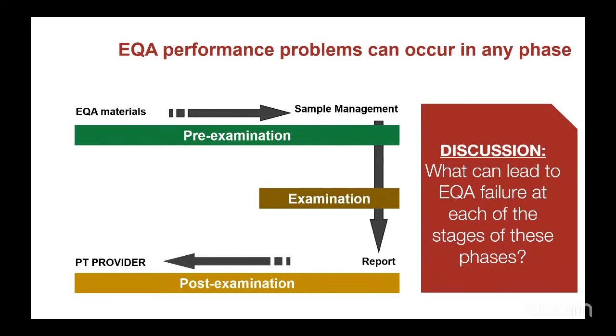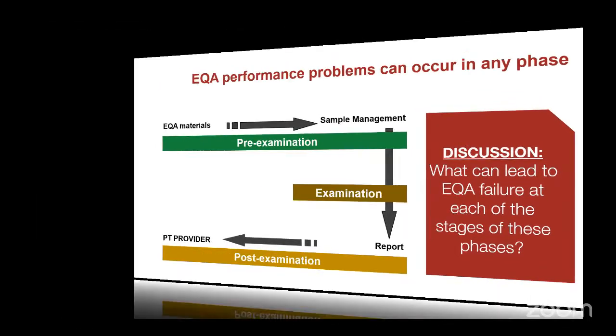If there's a failure in your IQC in the examination phase, say your QC did not pass that day, definitely your EQA program will have issues. Sometimes even when the result is ready, there could be a transcription error. Somebody's trying to type 114.7 and ends up typing 147. So a lot of things could affect why your EQA program can fail.